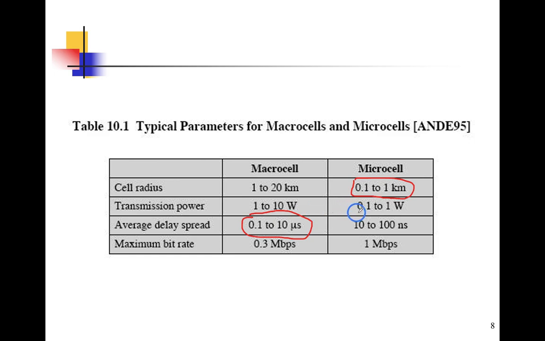The transmission power is 0.1 to 1 watt, very low. And look at this, the difference: this is microsecond, this is nanosecond, very very fast. So the smaller the delay is, the higher the transfer. The bit rate is 1 megabit per second, which is quite higher compared to 0.3.